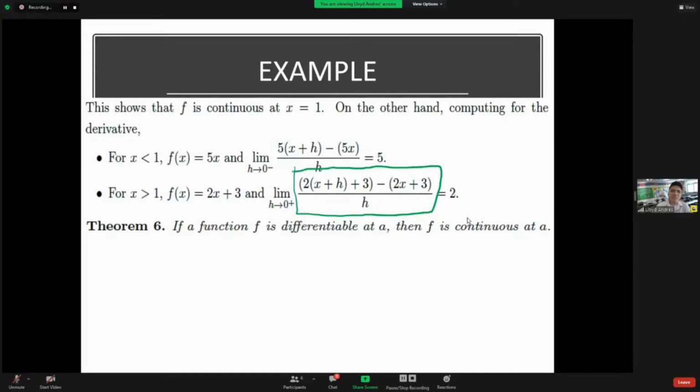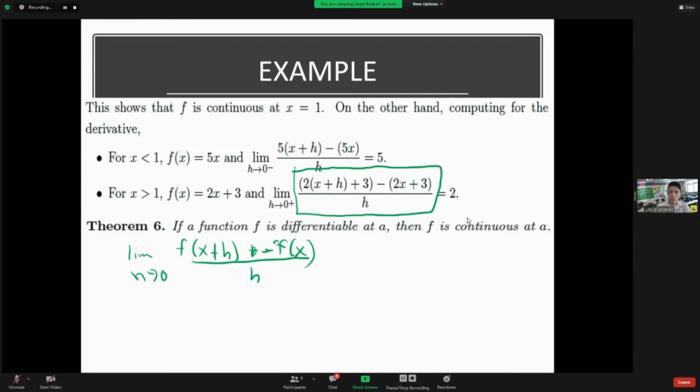Asa man nagikan, sir? Again, dito na sa definition sa derivative, ang definition sa derivative is the limit of f of x plus h minus f of x all over h as h approaches 0.